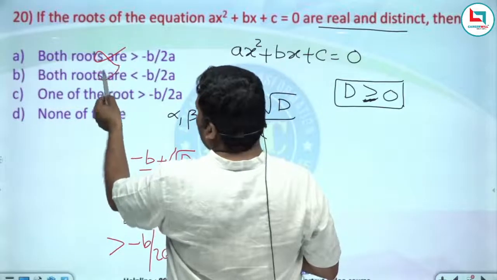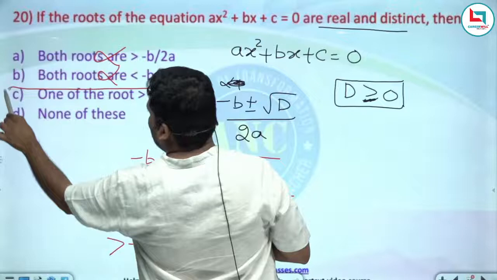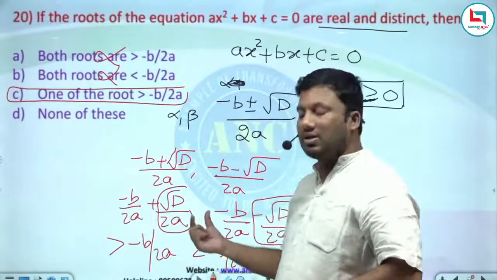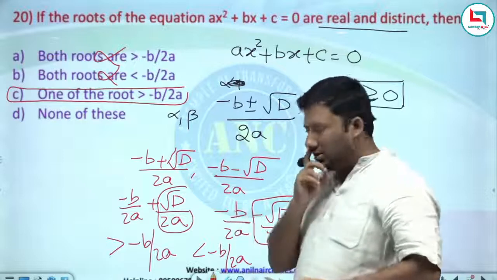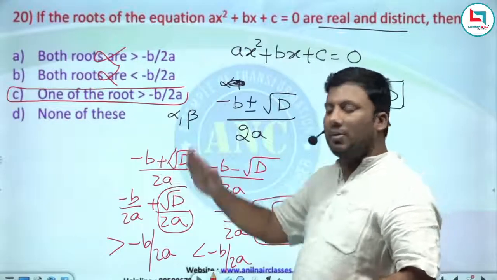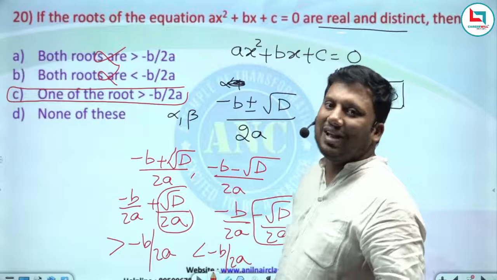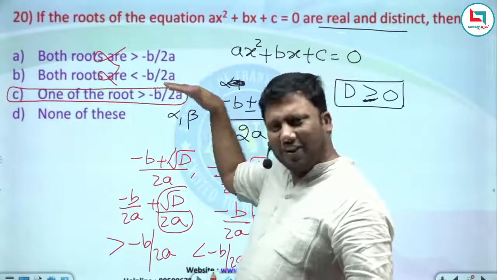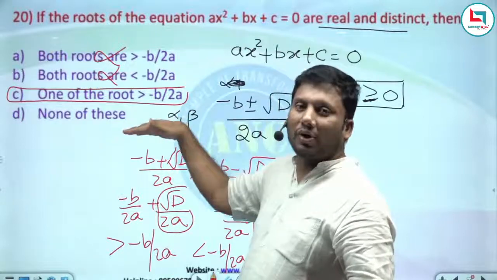Incorrect. Both are less than? No. One of the roots is greater than minus b by 2a, it is minus b by 2a plus something. Minus b by 2a minus something. One is greater than minus b by 2a, another is less than minus b by 2a. I hope this question is a very, very good conceptual question.